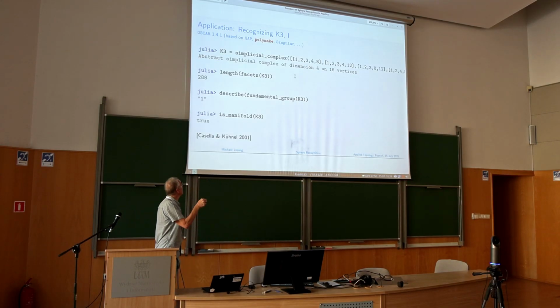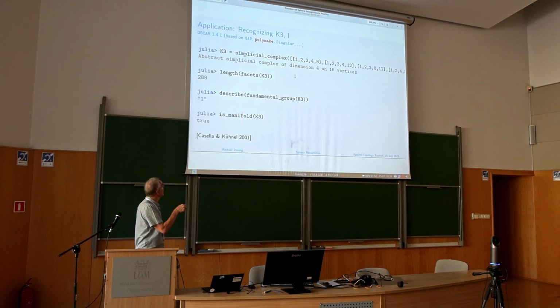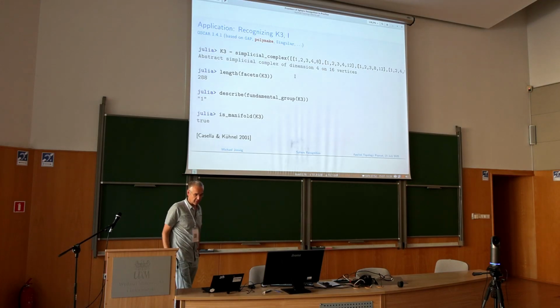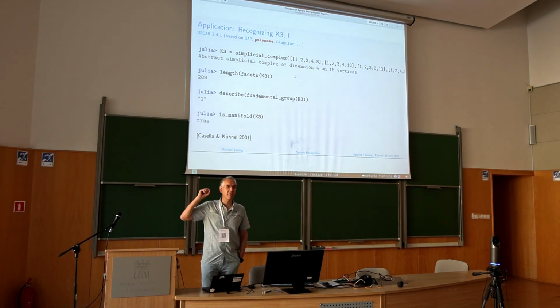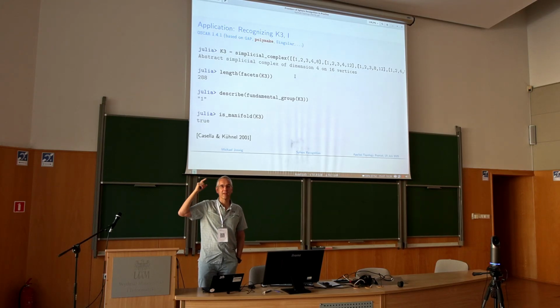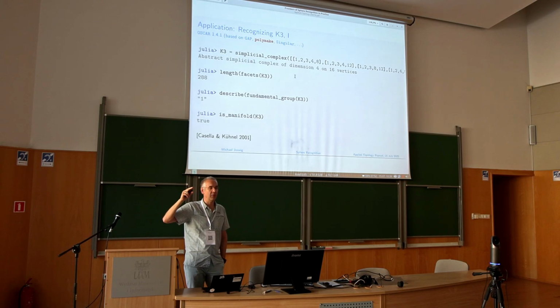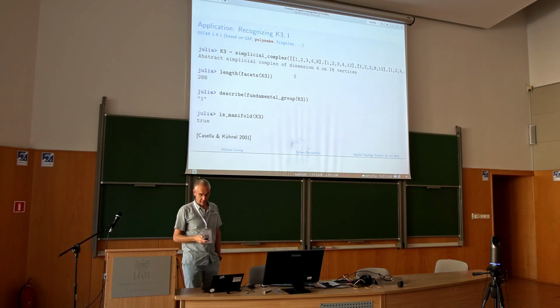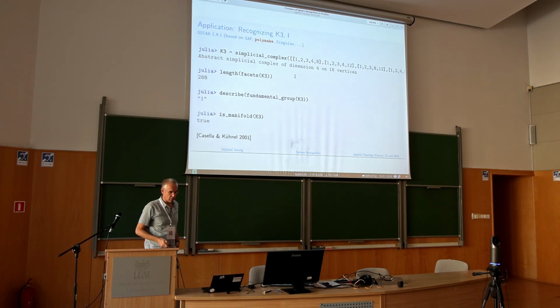That's implemented in polymake, but since OSCAR knows polymake, it can benefit from this. So this manifold check is a 3-valued function. It can return true, it can return false, or it can say, well, don't know. But that's possible in Julia.